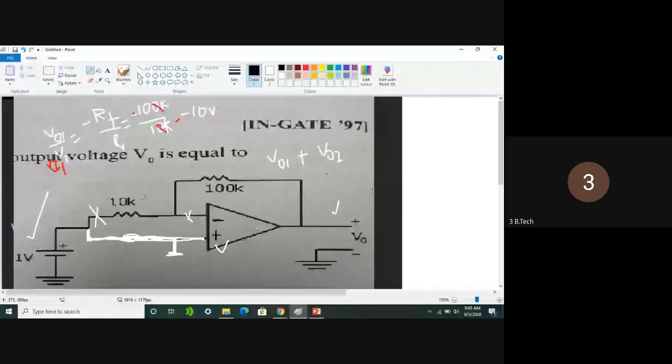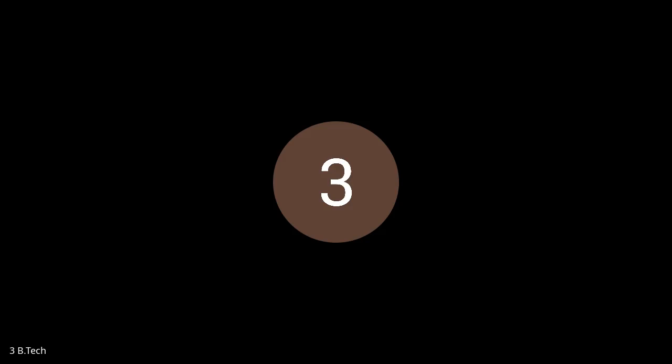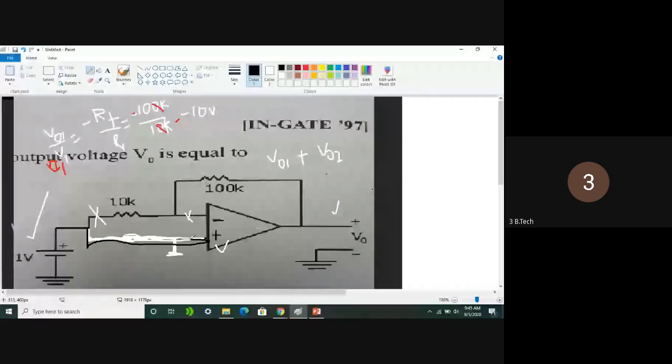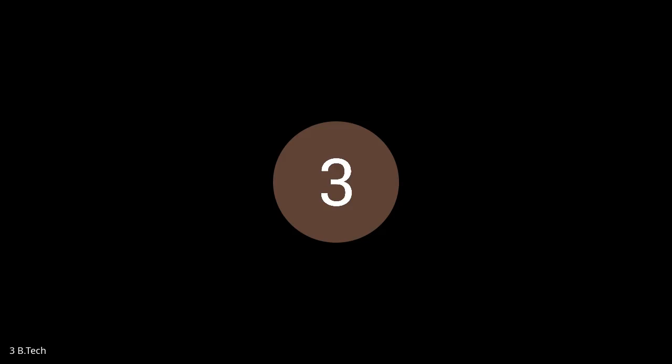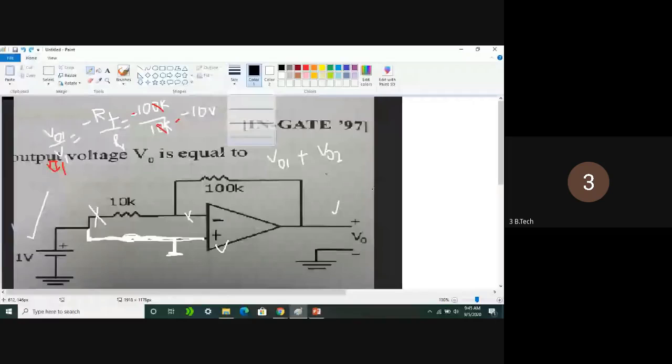So we are providing the voltage at this terminal. Clear?